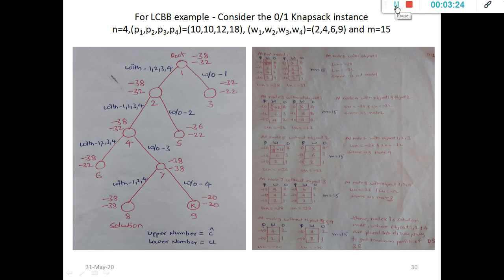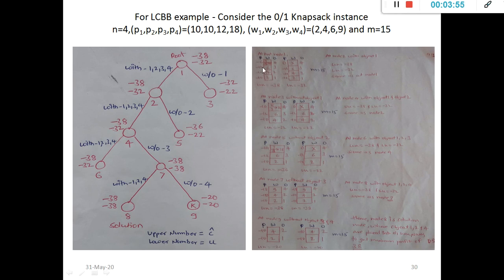Let us see how to construct a state space tree for the given 0-1 knapsack problem with the given profit and weight values. At the root node 1, you have to calculate the upper bound c cap and the lower bound u values, using the minimization technique.